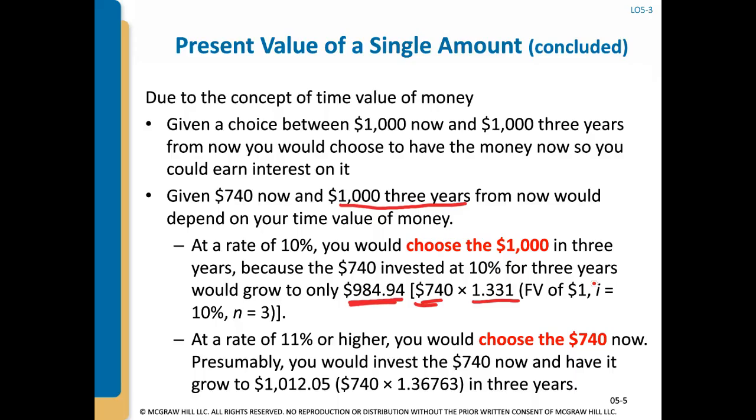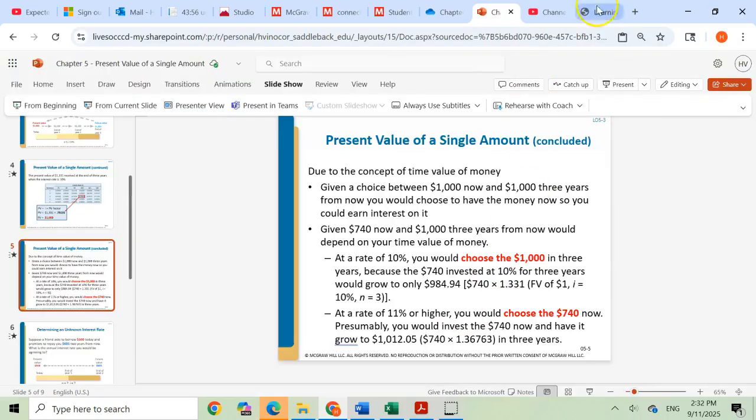However, if you were to tell me that I'm going to earn a rate of 11%, well, now I have to figure out how much my $740 would grow into earning 11%. So then I would go to my future value factor tables, N equals 3 and I equals 11%, and I should see a factor of 1.36763, I think it was that number.